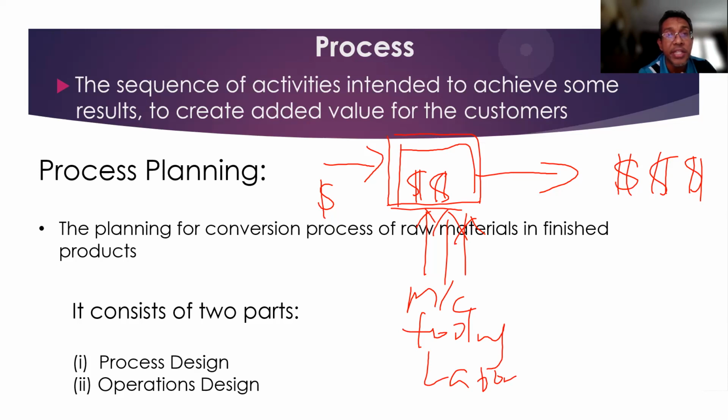The activities inside are what we call the process, adding value to the materials, changing the characteristics and the shape, and then we get the finished product with more value, and we sell it to the customer.